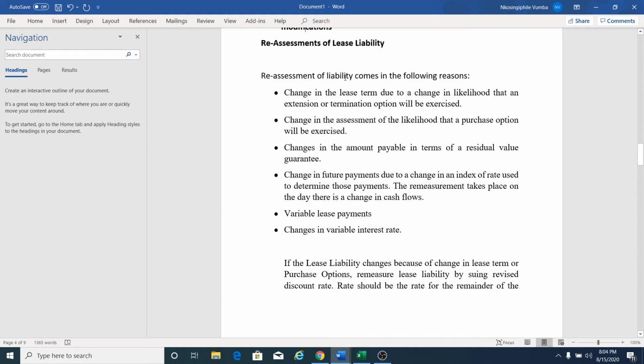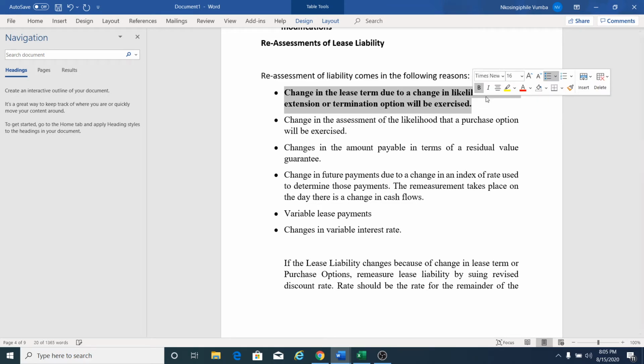So the reassessment of lease liability comes in many forms. Okay, it can come as a result of change in the lease term, due to the change in the likelihood that an exercise or termination option will be exercised. So you see this thing, it requires you to actually know what a lease term is. So if there is any change in the variables of the lease term, that is a lease reassessment.